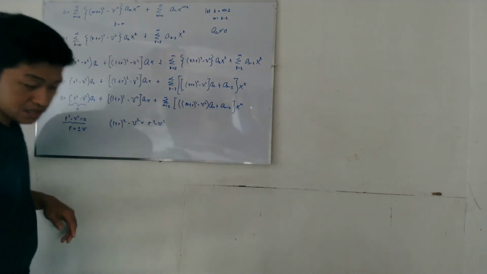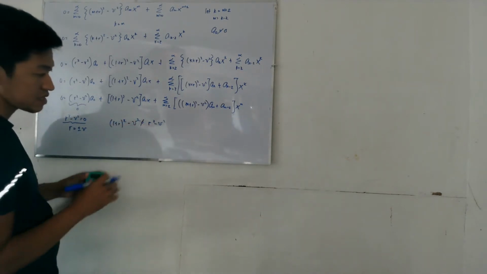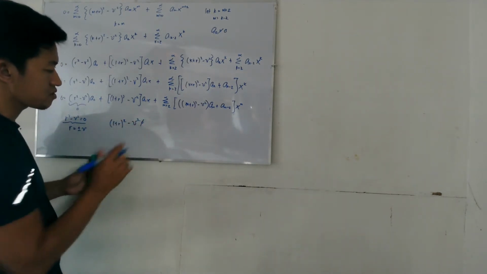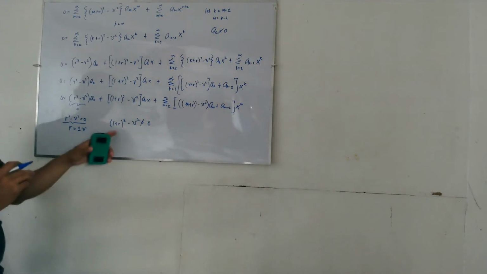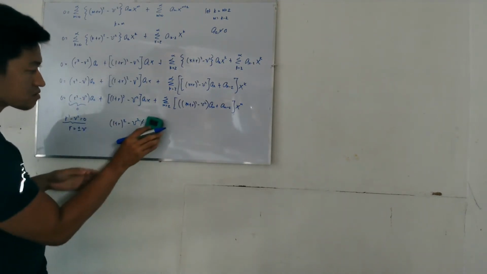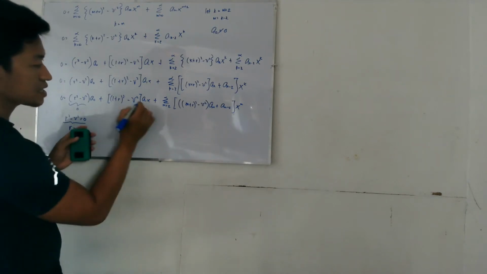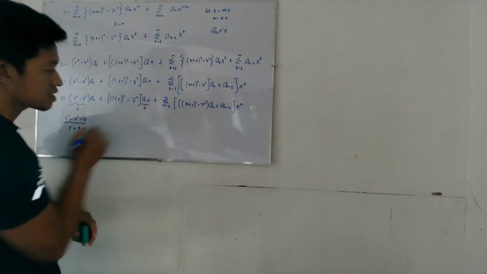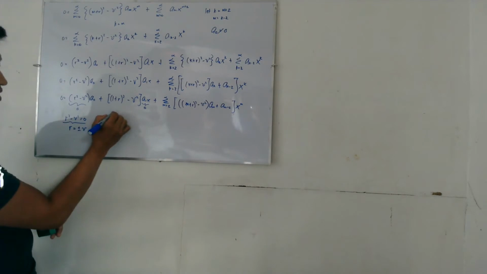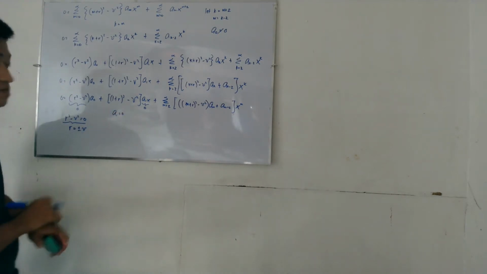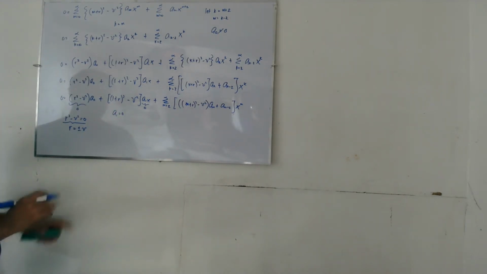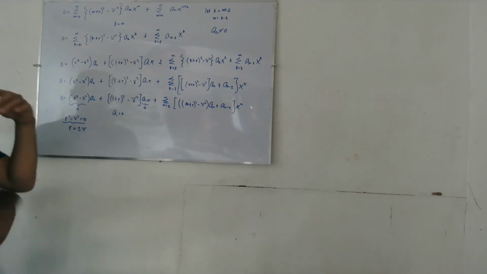Therefore this term cannot be equal to 0. So what can be equal to 0 to make this term 0 is this. So it goes to say that A1 is equal to 0. Okay, note that, A1 is equal to 0.